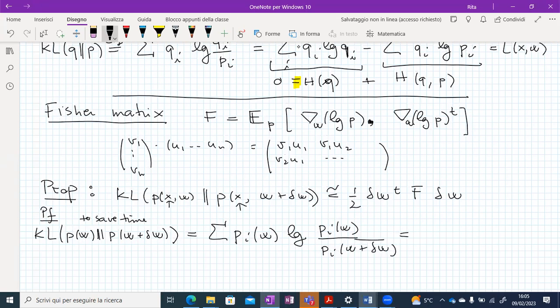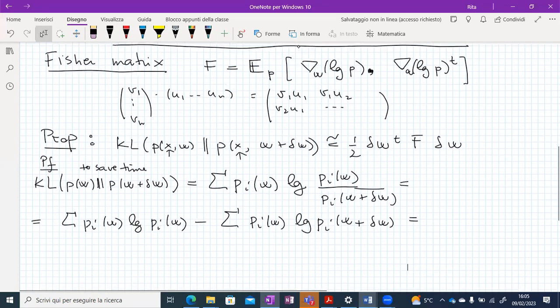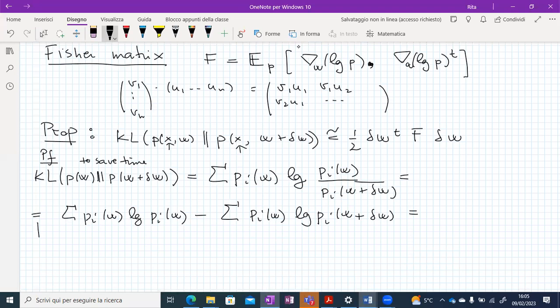Okay. So what we do, we write as before P_i(w) logarithm of P_i(w), and then we subtract the summation of P_i(w) logarithm of P_i(w plus delta w). But now we use Taylor expansion. So if we expand with Taylor this, what do we get?